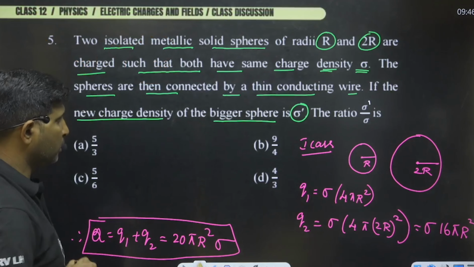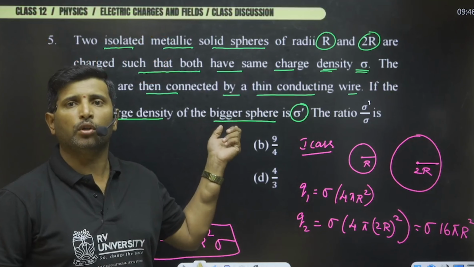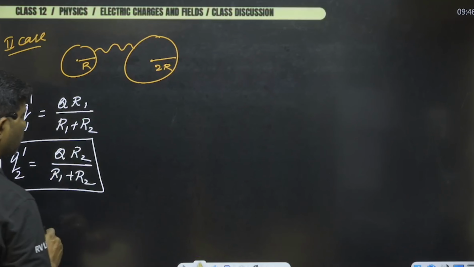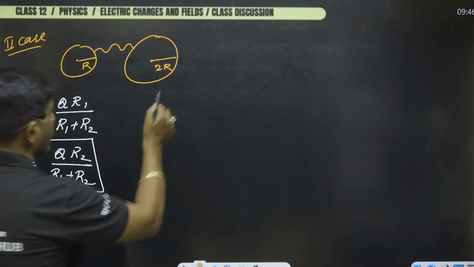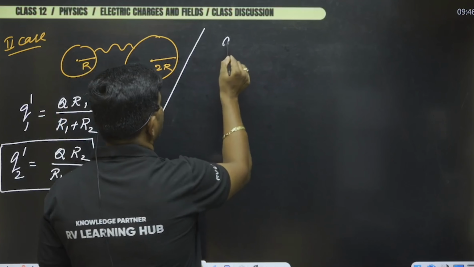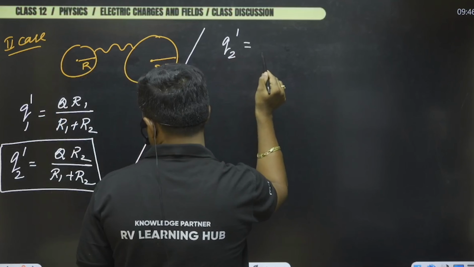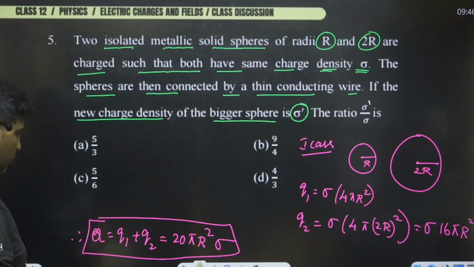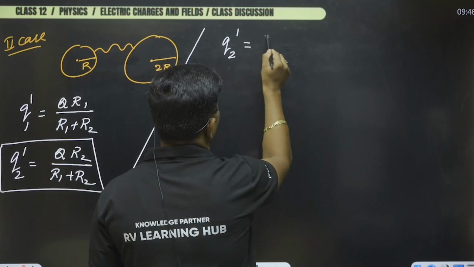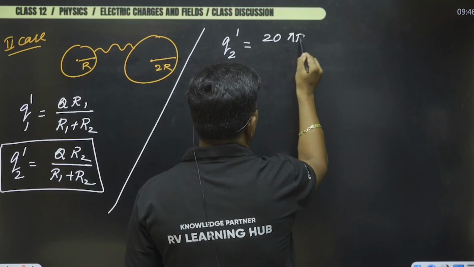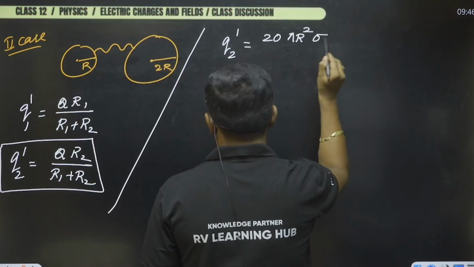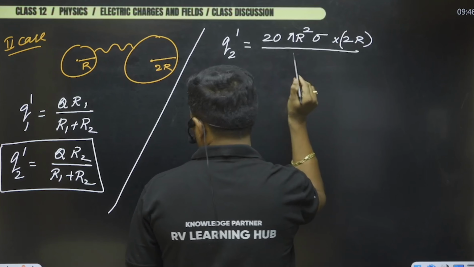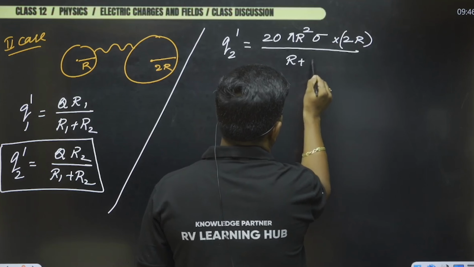And in the question they are talking only about the bigger sphere, that is Q2 dash. So let us calculate Q2 dash here. Q2 dash becomes equal to, what is the capital Q value here? Capital Q is equal to 20 pi r square sigma, into 2r divided by r plus 2r.